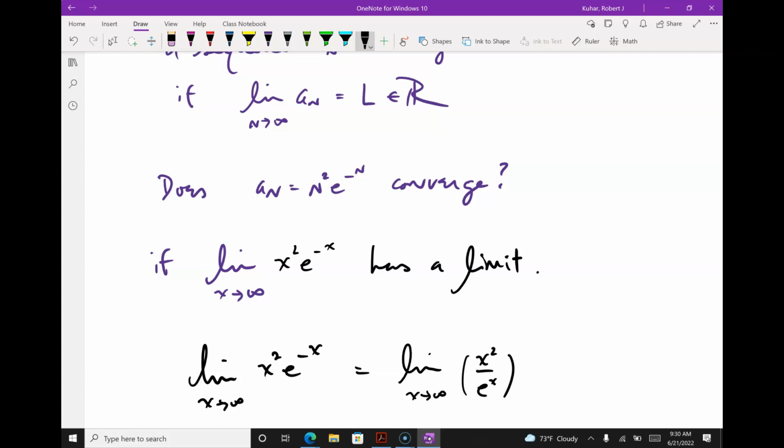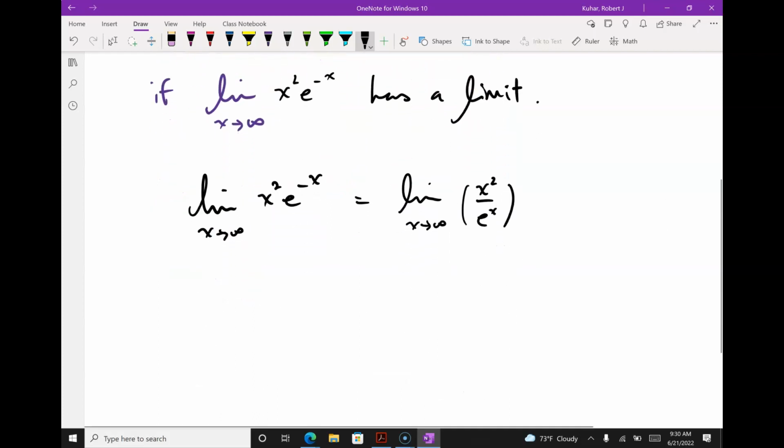And remember, I'm going to be taking a derivative, right? So if I move the x squared downstairs, think about what's going to happen to that derivative. It's going nowhere. I mean, it's going somewhere, but I want it to go nowhere. So now I'm going to take a little hop here. I've got the limit as x goes to infinity of 2x over e to the x. Do you see what happened there?